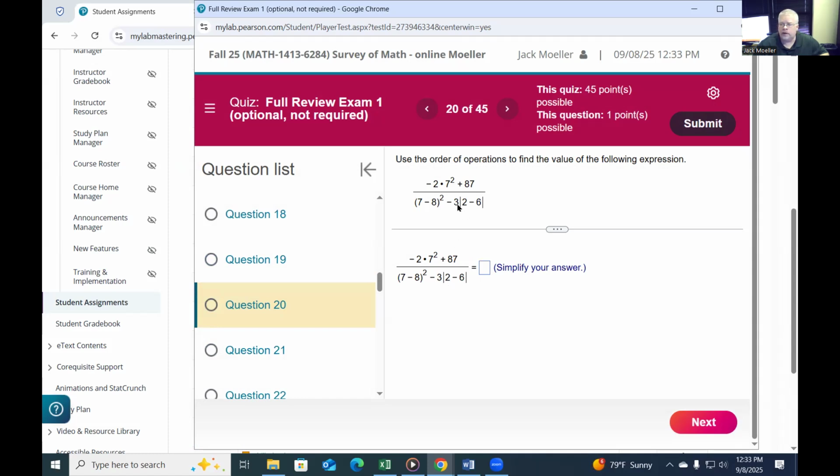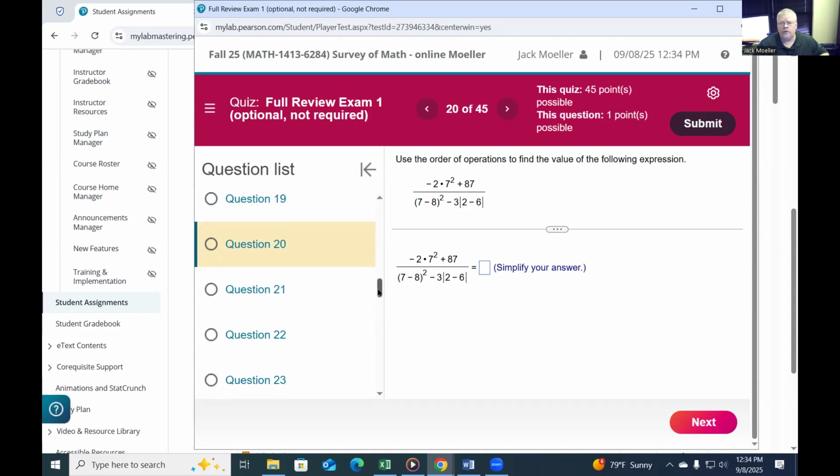So on this one, that absolute value 2 minus 6, you would do 2 minus 6 is -4. Absolute value, that's +4. So that would be part of your order of operations. All right. So just to warn you on the test, the order of operations are medium to messier ones. And I think there's 3 or 4 on the actual test.